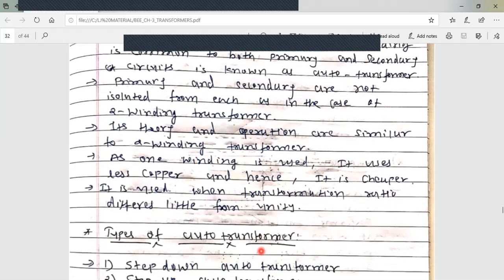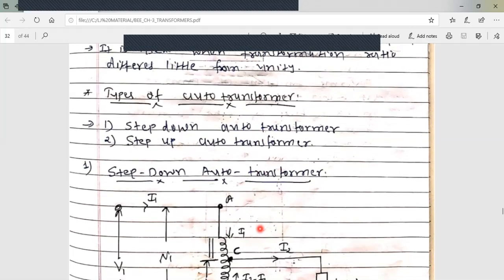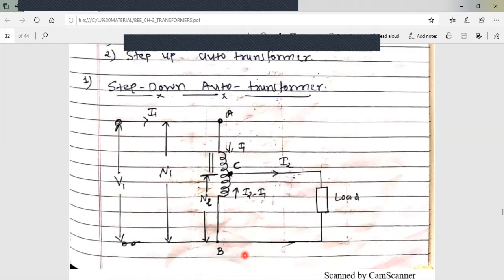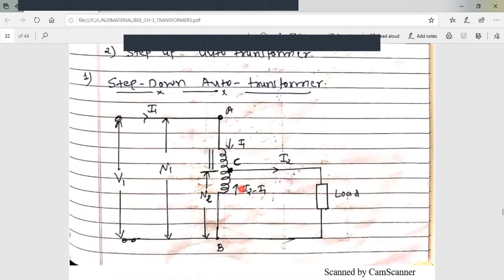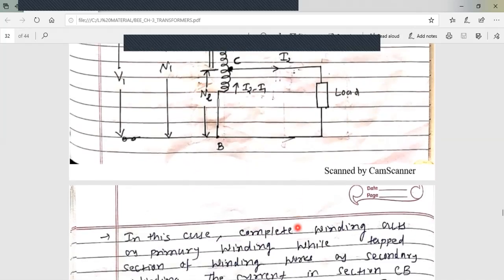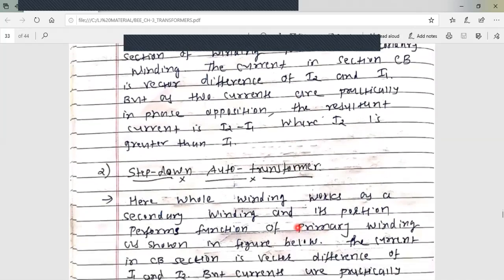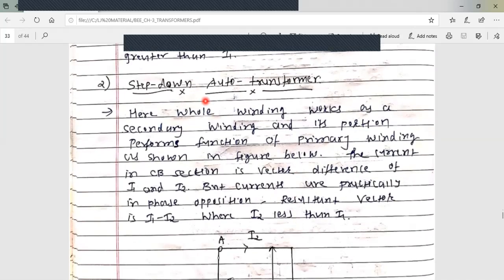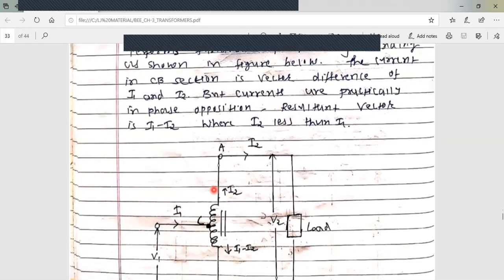Now, there are two types of auto transformer, step down and step up auto transformer. See here, step down transformer, and next is step up auto transformer. Here this is up in place of down. This is step up auto transformer.